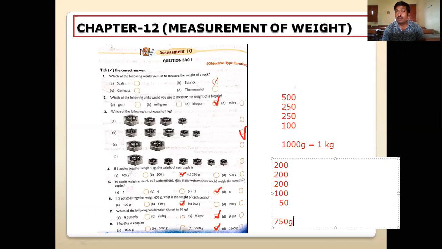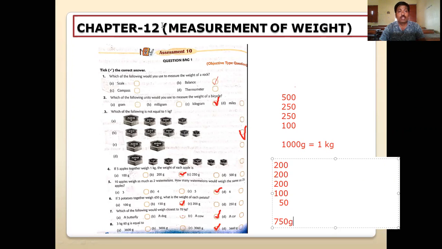And 750 gram is not equal to 1 kg, so the answer will be B. Or if you add the other objects, 500 gram and 500 gram make 1000 gram also, so the answer is B, which is not equal to 1000 gram, that is 1 kg.